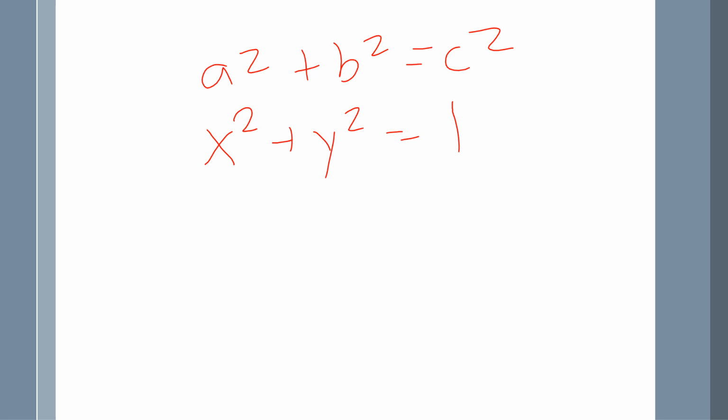That's going to play into what we're doing, because that's the equation of the unit circle. So you guys know how to do the Pythagorean theorem pretty well, and we did the trig ratios. So that's pretty much it. All right, y'all.